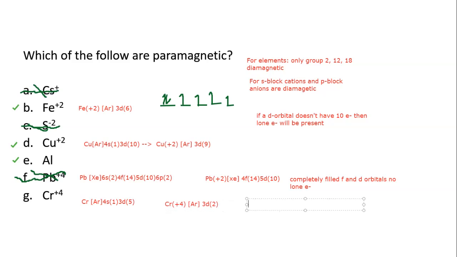And since it's an unfilled d orbital, it has lone electrons. So it would be paramagnetic. So that's what you're looking for. Paramagnetic has lone electrons. Diamagnetic has all paired electrons. And for d orbitals, if your d orbital has less than 10 electrons, it's going to have lone electrons in it.